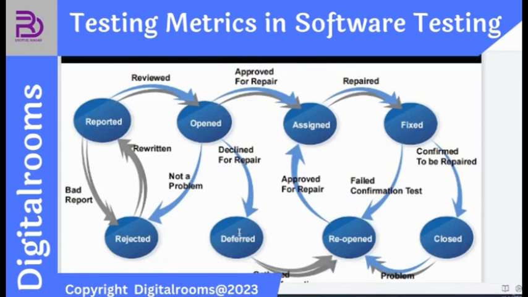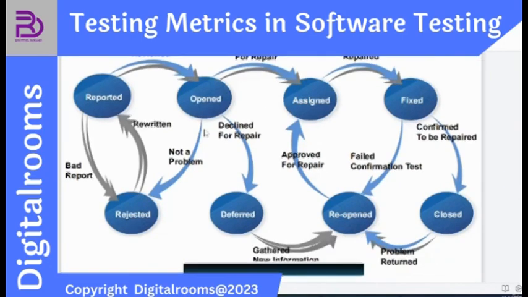We send it to the developer, the IT team, and if it is deferred, say for example earlier there was an issue but now there is none, or after fixing we find the same bug, it will be deferred. Then again it will be reopened and assigned to the developer. The developer will fix it. If not fixed, it fails and is reopened. If fixed, then it is closed. So this is how the report cycle works for incidents.